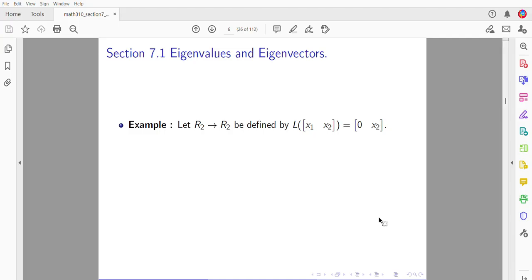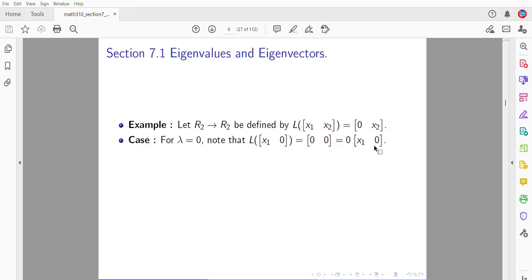Okay. Here is yet another example. So notice this section is full of examples. We will see how we are able to guess these lambdas shortly. Let's look at L from R2 to R2, so that is row space, where (x1, x2) goes to (0, x2). That is, x1 completely disappears. Now notice L of (x1, 0) is (0, 0). Right? (0, 0) is nothing but 0 times (x1, 0).